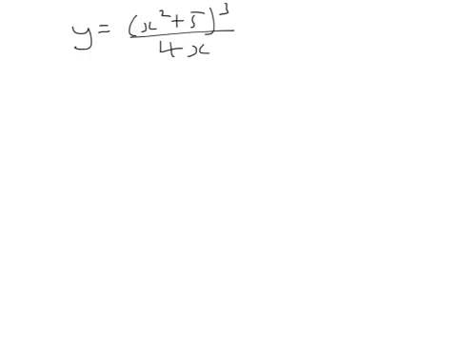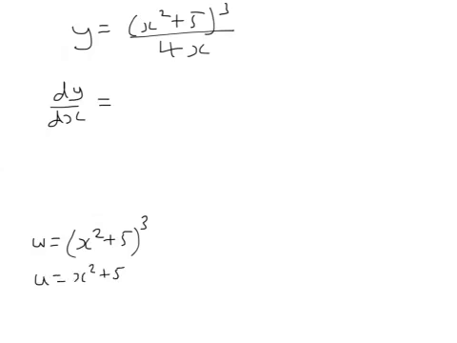So here's the question that we started off with. So dy by dx, I differentiate the top one first and leave the bottom one alone. To differentiate the top one, I've got to differentiate (x squared plus 5) cubed. Call this w. So let's write u equal to x squared plus 5. We want to find out what dw by dx is. There's dw, there's dx.